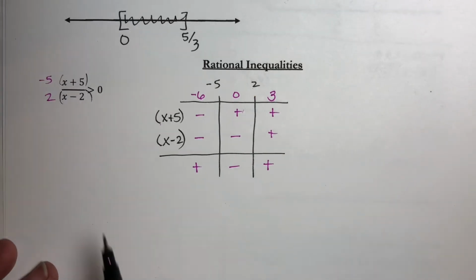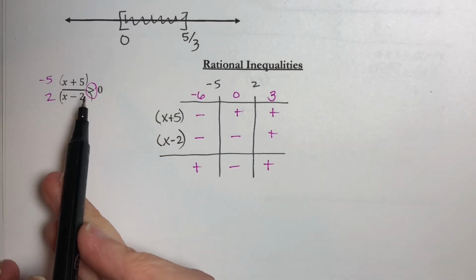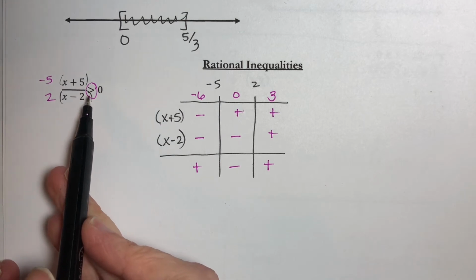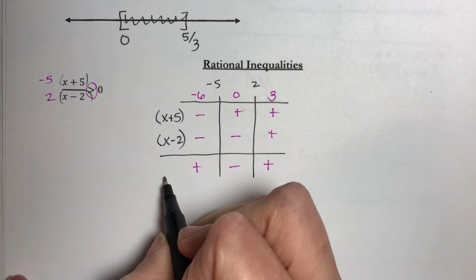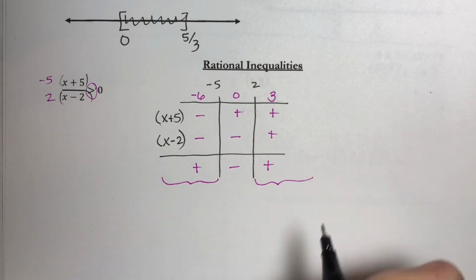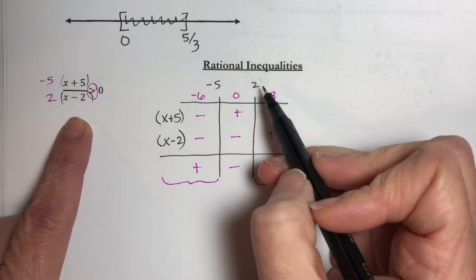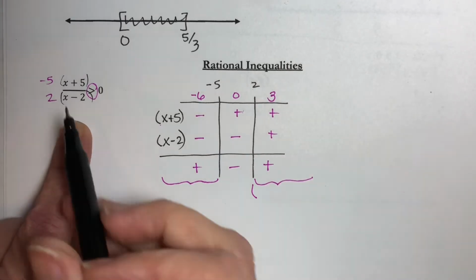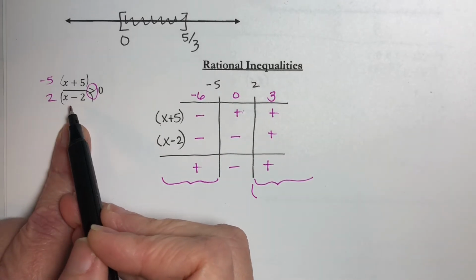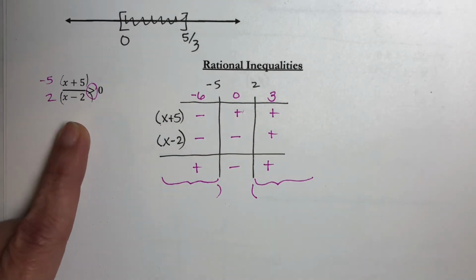And now, just like before, we look at the sign finally to see what it is we were looking for. We're looking for this thing to be strictly greater than 0, not allowed to equal 0 at all. And so that means we're looking for our positive answers, which are here and here. And we would never be allowed to include this one. This one was always going to get a parentheses because it comes from the denominator. But since we're not allowed to equal to, we can't use the -5 either.